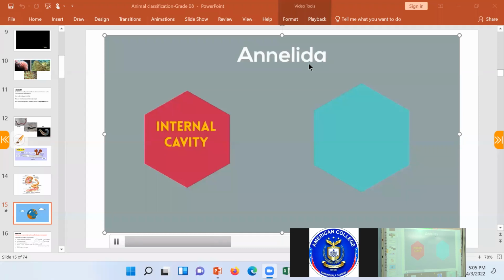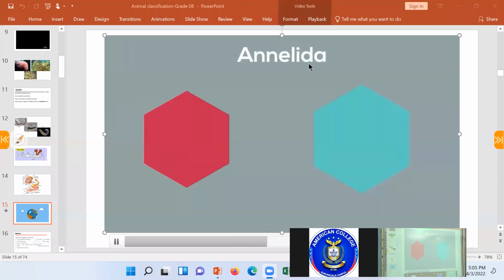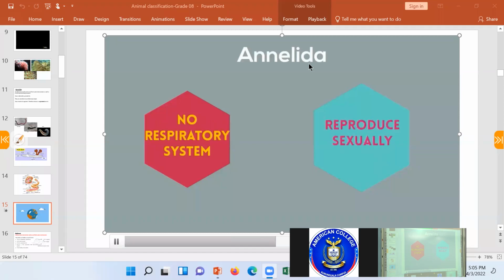Their body possesses a digestive system with a mouth and an anus. They have a nervous system with a ventral nerve cord. They have a closed circulatory system. They do not have respiratory organs. They reproduce sexually, most of them, and some are hermaphrodites.